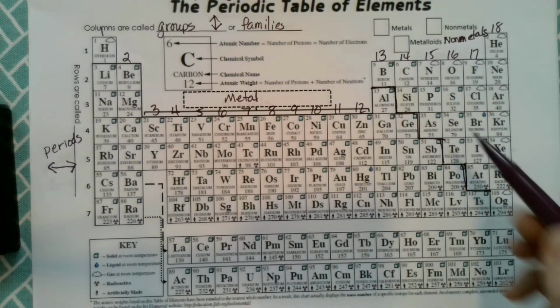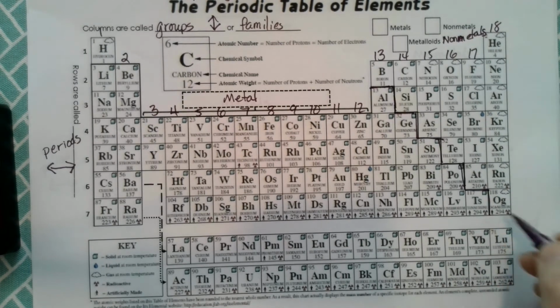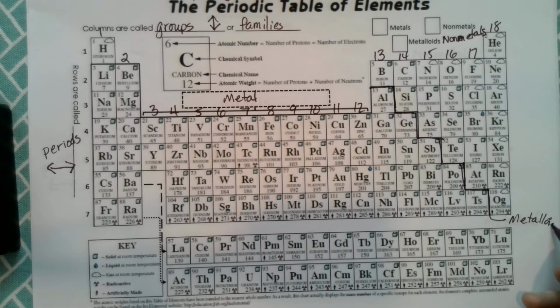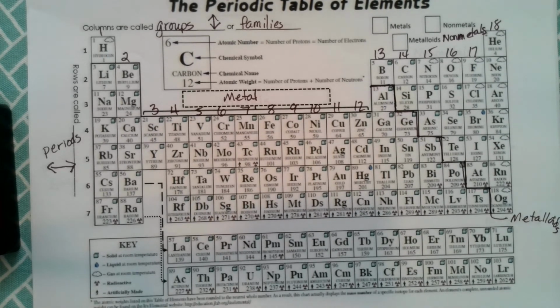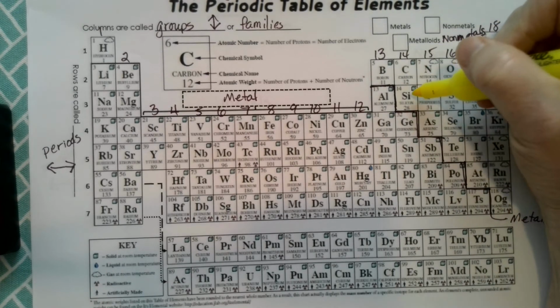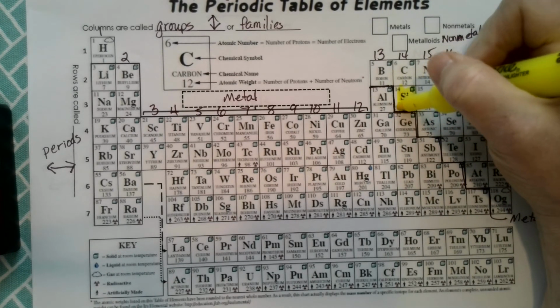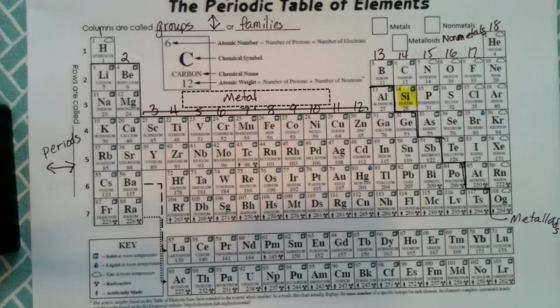This part in the middle, or this line here, they're called metalloids. Metalloids are elements that have properties of both non-metals and metals. There are actually 7 of them, but there's one you need to know that affects your life every day, and that's silicon, because silicon is in your computer chips, your phone, your laptop, your device, in everything that you have.